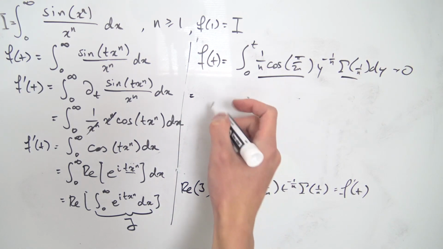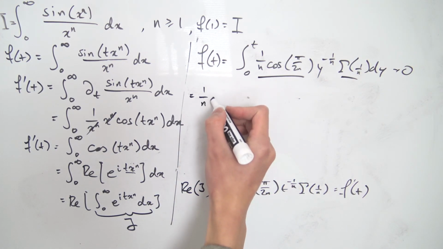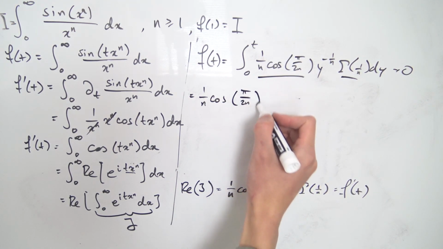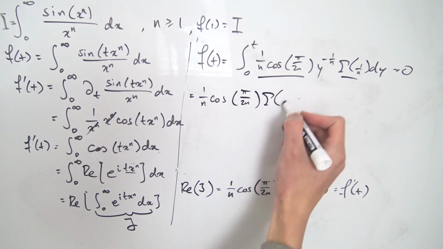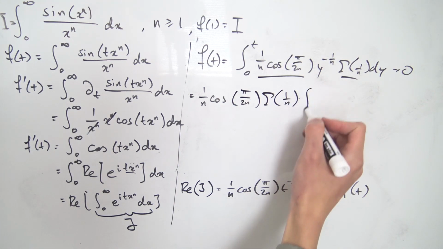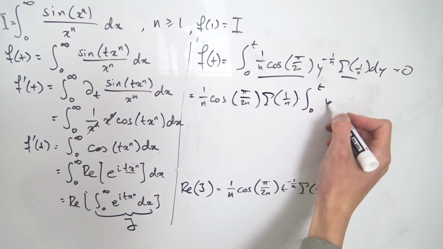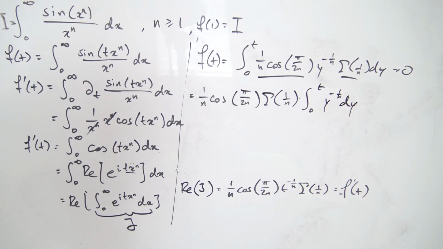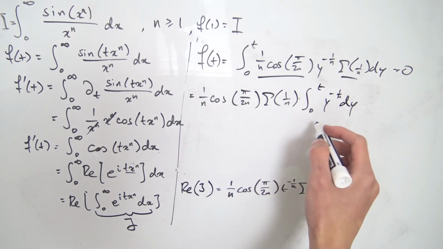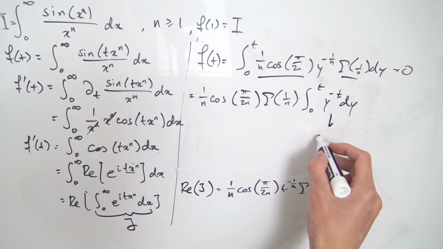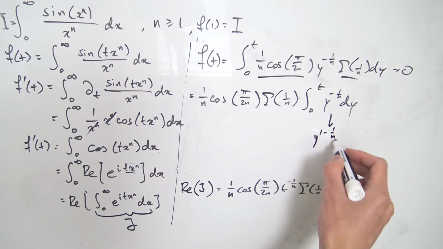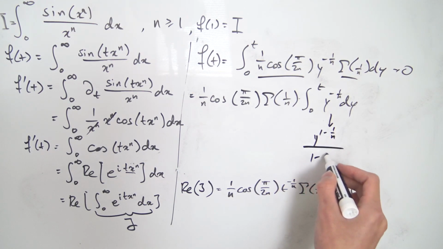So all we have to do to find f of t is evaluate this integral, and that's quite easy to do. Let's first of all check out those constants. So 1 over n cosine of pi over 2n, and gamma of 1 over n, integral from 0 to t of y to the minus 1 over n dy. That's quite easy to integrate because this thing right here is just going to turn into y to the 1 minus 1 over n over 1 minus 1 over n.